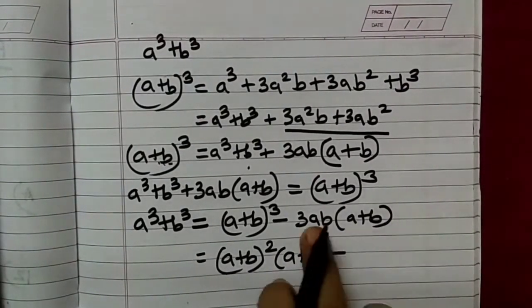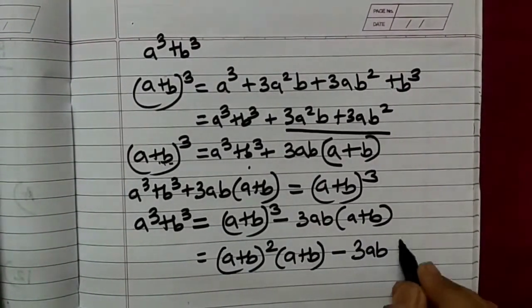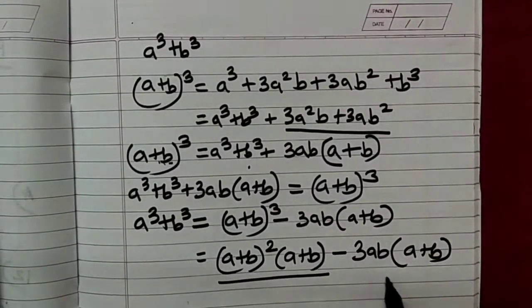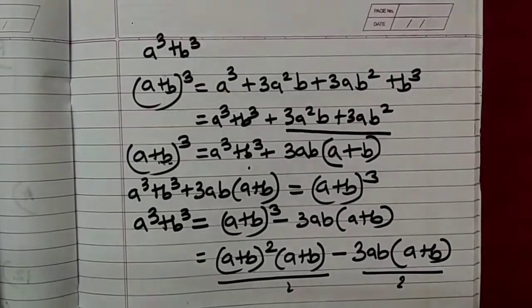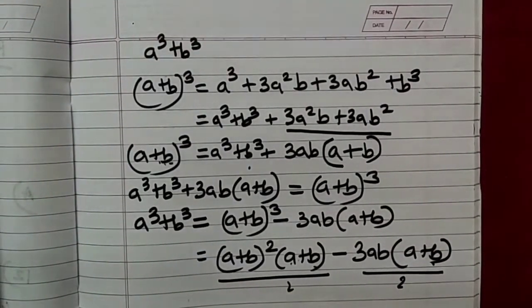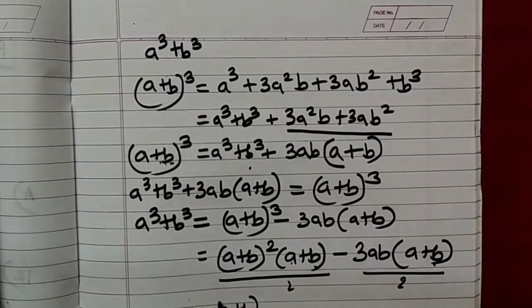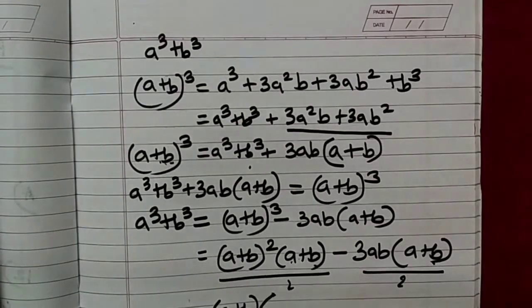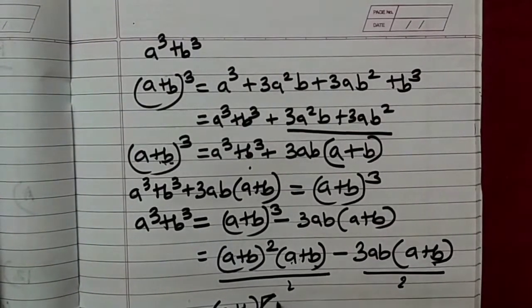Then this term I will write as it is, minus 3ab into (a plus b). Now again let us see between this term and this term, what is common here? This (a plus b) is common for both. So that I will take out as (a plus b). And what is left inside here? I'll put a bigger bracket.